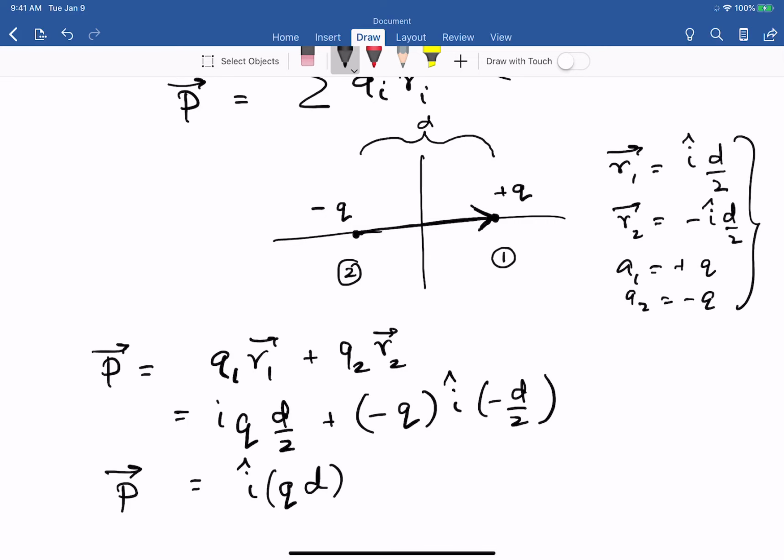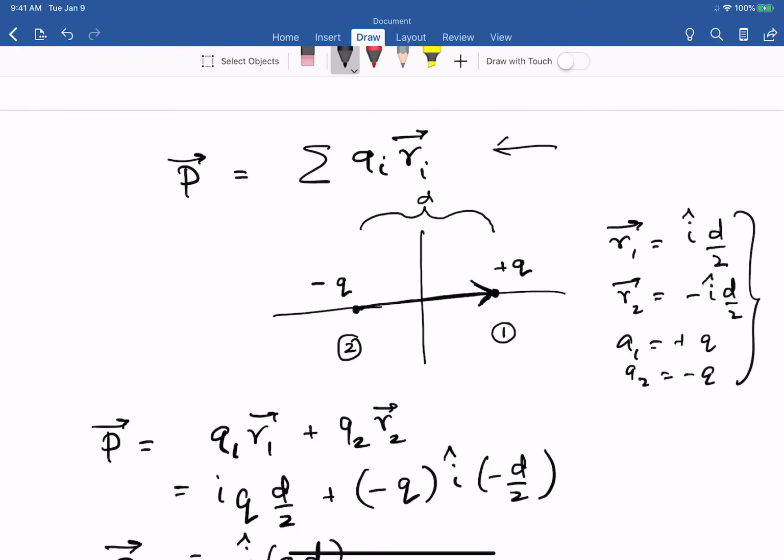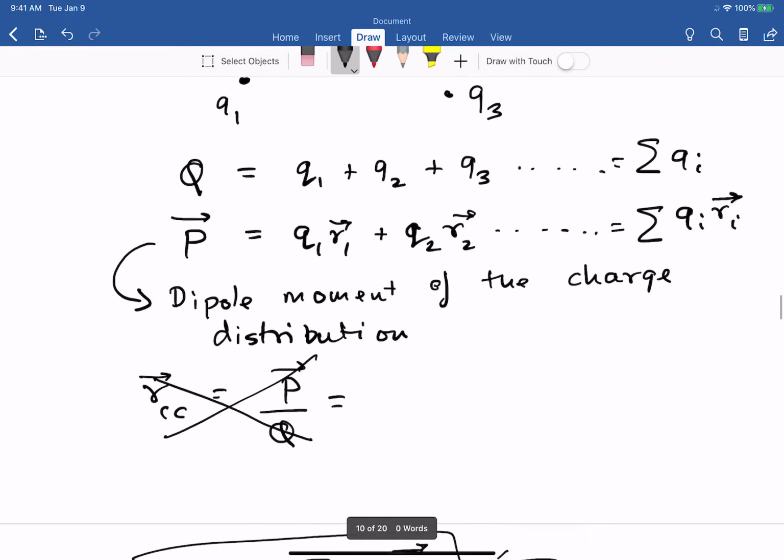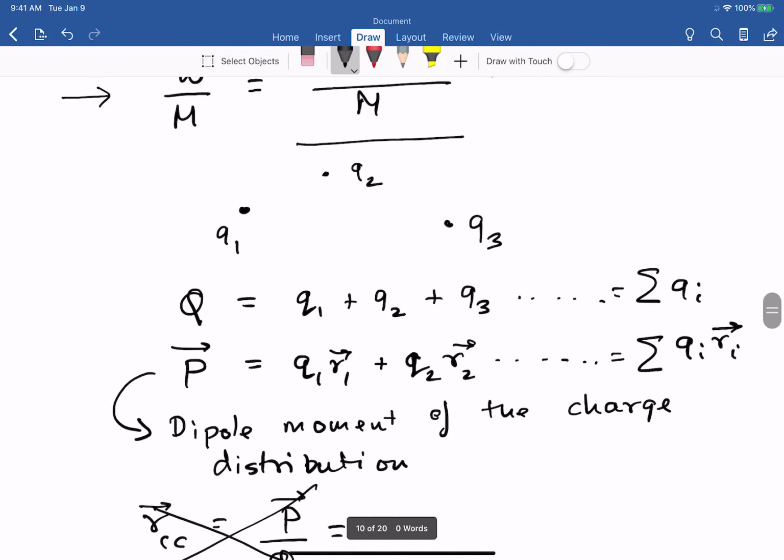It's exactly as we discussed in class. So you can see that the dipole moment for two charges is a special case of the general formula for the dipole moment of a large number of charges. And you can kind of see the analogy between this definition of the dipole moment and the way the center of mass was defined in mechanics. Okay.